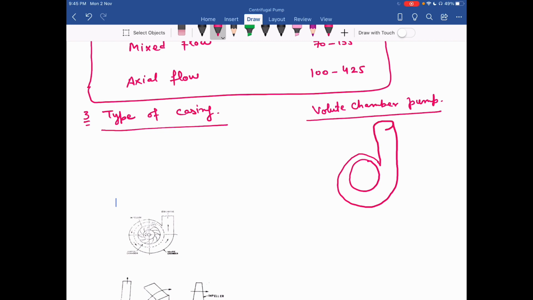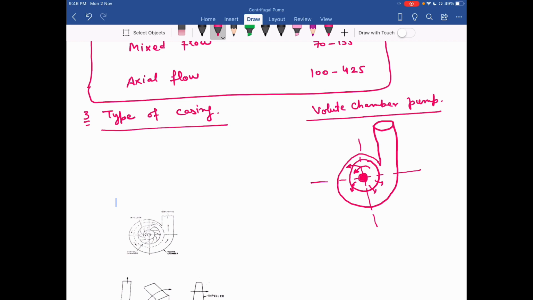Okay, so here I have the shaft. From the impeller the water is coming out. So this shape of casing is the volute shape or the spiral shape. You can see this is the direction of rotation of the impeller.